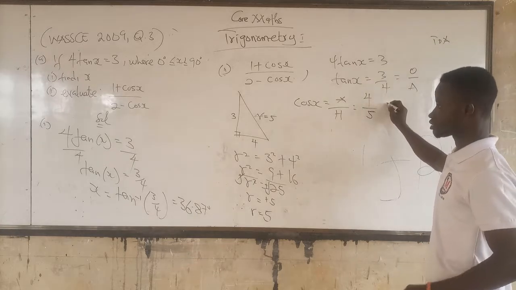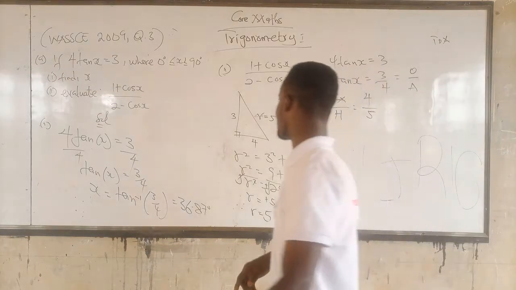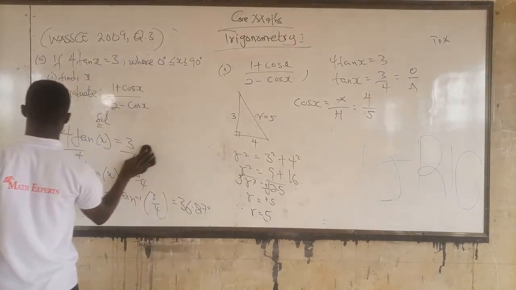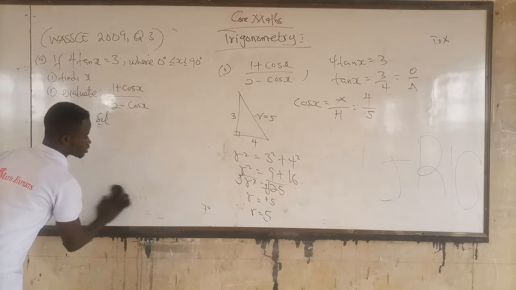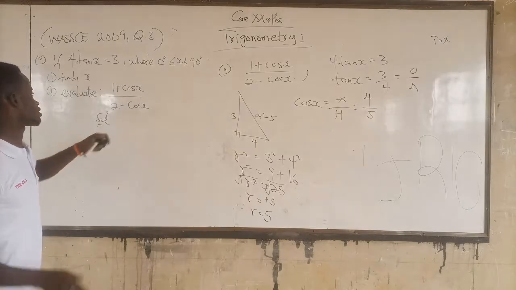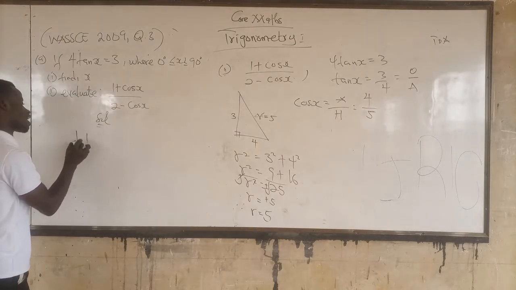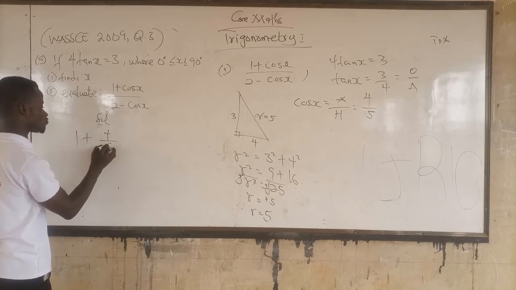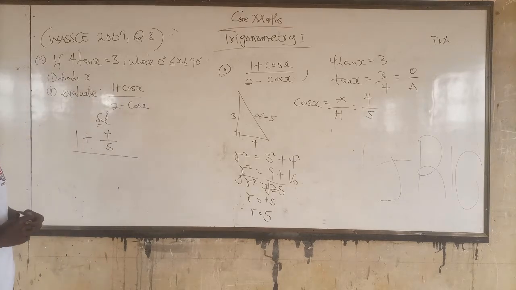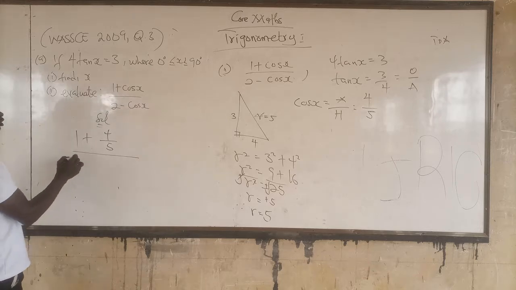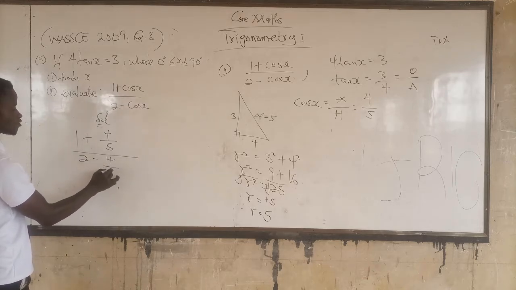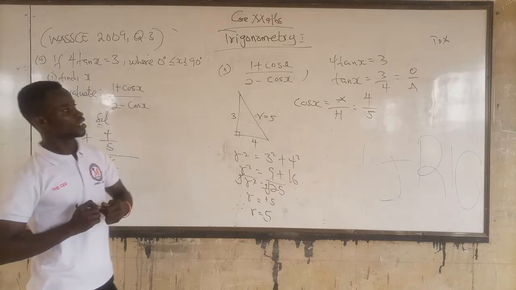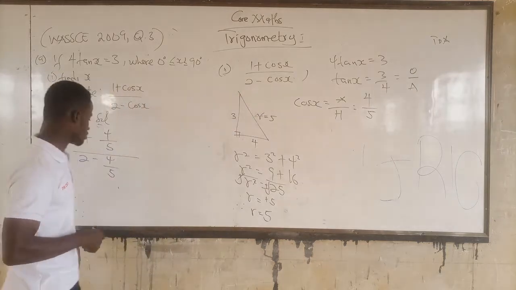So from this we can now evaluate. It will be 1 plus 4 over 5, all over 2 minus 4 over 5, because it's not sine but rather cos again.